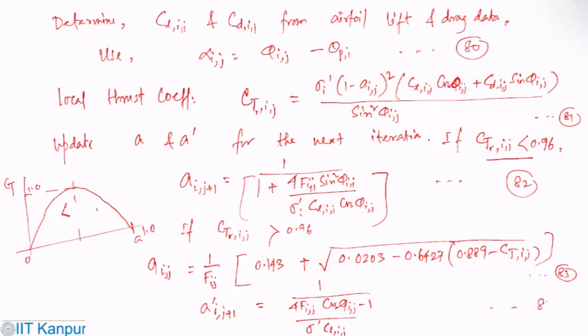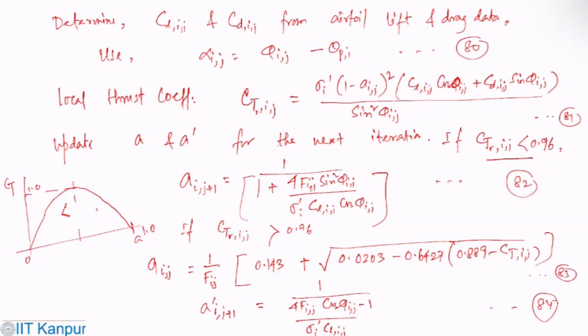So that gives us, obviously sigma prime, it has to be I. So this is what you get, depends on the local thrust coefficient that you get to estimate these things.